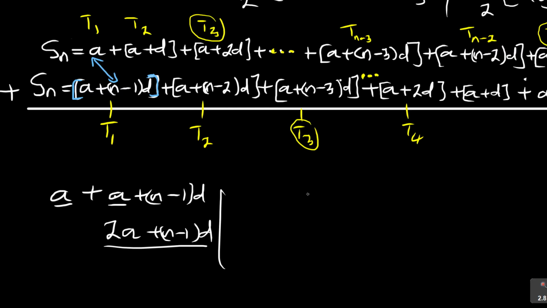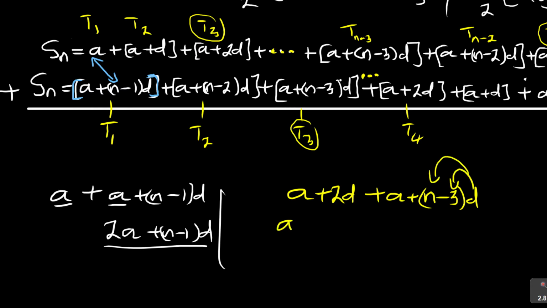Look at this. I'll be adding a plus 2d plus, and then t3 is a plus n minus 3 d. See that? But now I need to open this bracket so that d will multiply. So I will have a plus 2d plus a plus d times n, it's nd, minus d times 3 is minus 3d.